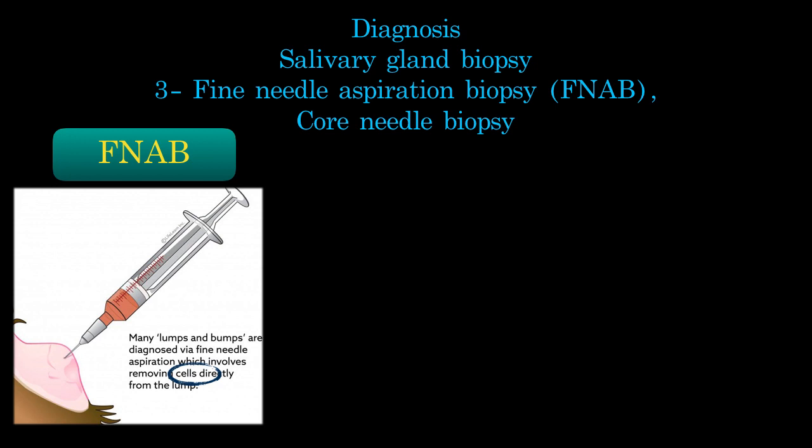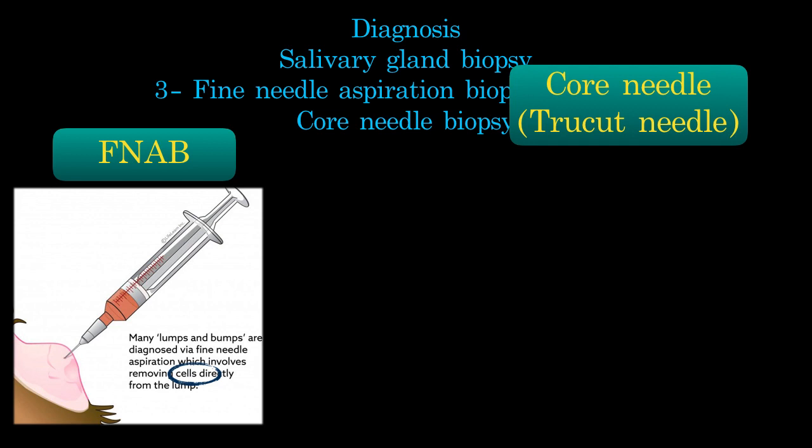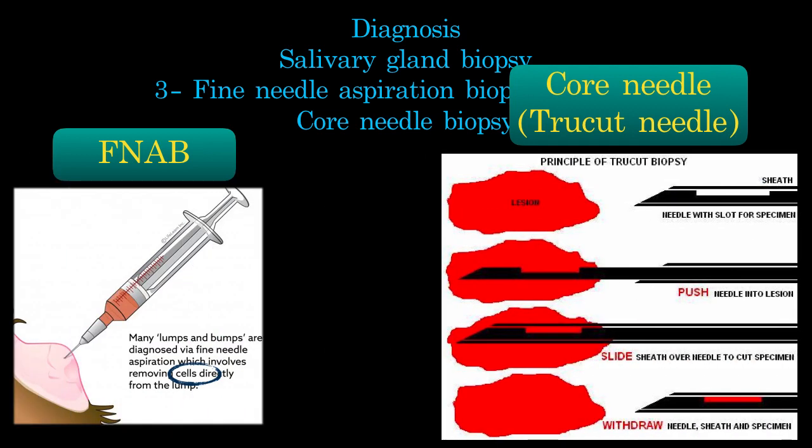These cells are subjected to histological examination, and it gives a clue about the type of tissue that caused the tumor, the type of the tumor, and whether it is benign or malignant from the shape of the cells. The other option that we have is the true cut needle biopsy.